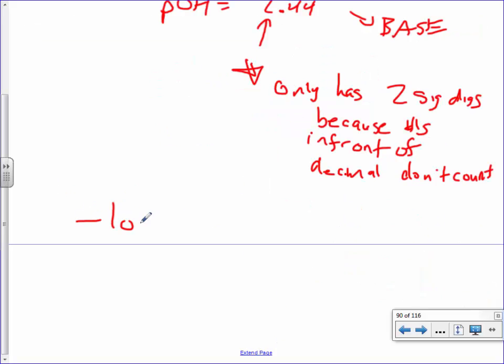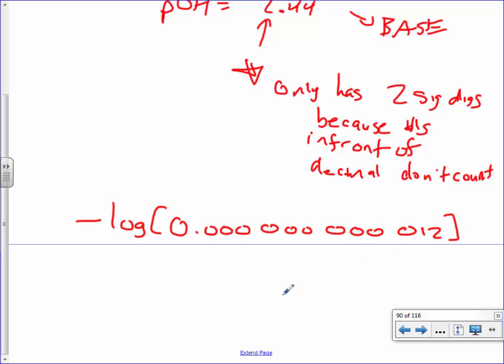Let's say I negative logged 0.0000000000012. This one should only have 2 sig digs. But I need someone to get me the value first. So 0 and then 3 zeros, 3 more zeros, 3 more zeros, 1 more 0, then 1, 2. What'd you get?